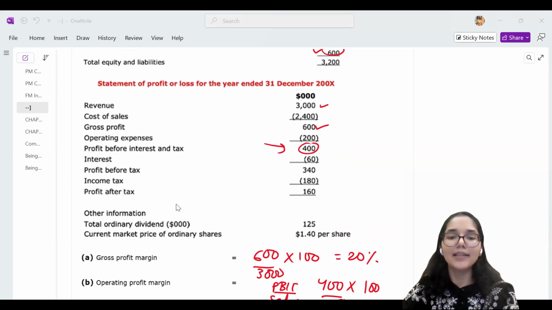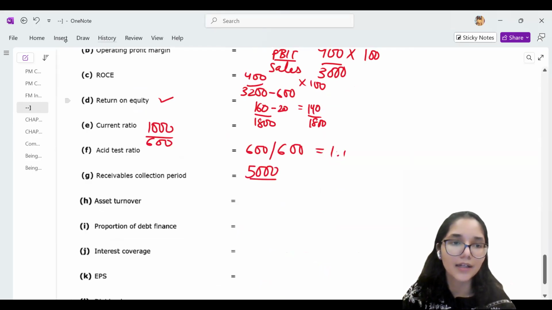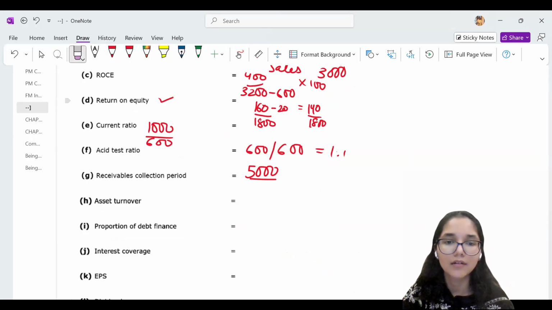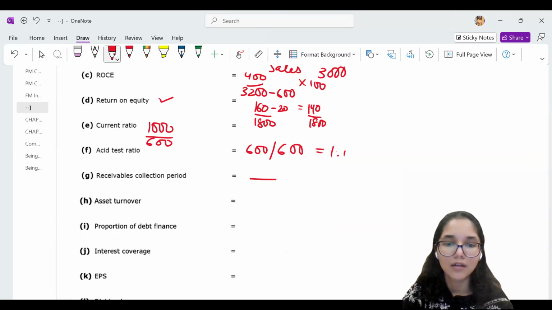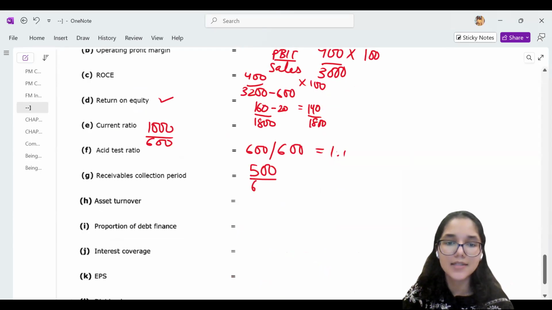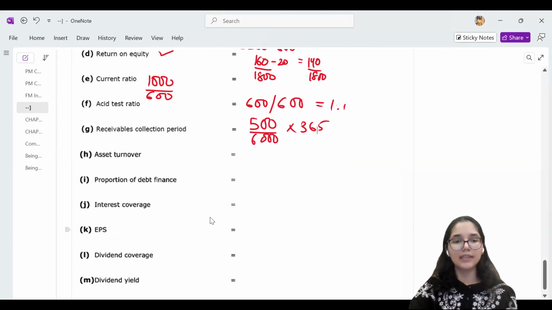And then you multiply that by 365. So it is 500 divided by 6000 into 365. So this will lead to your answer in terms of the number of days.